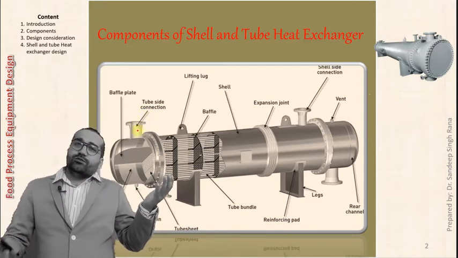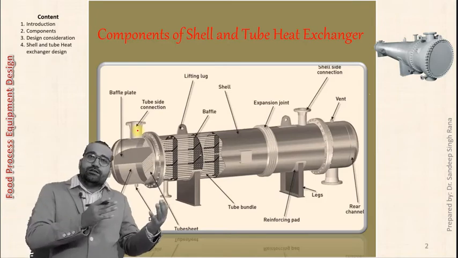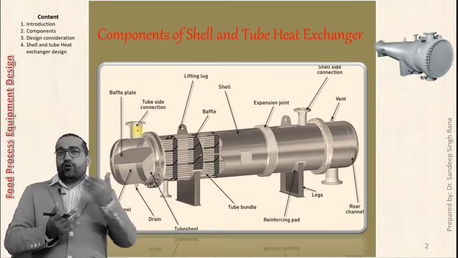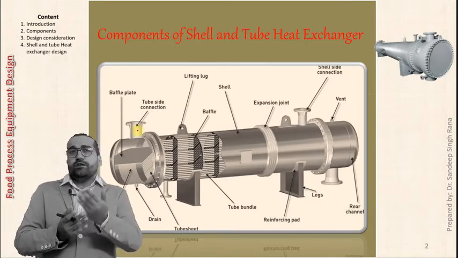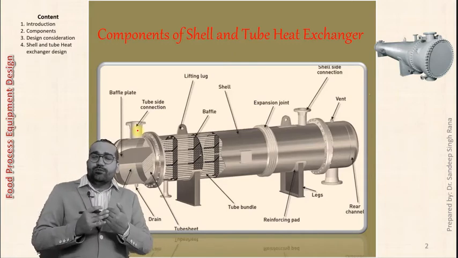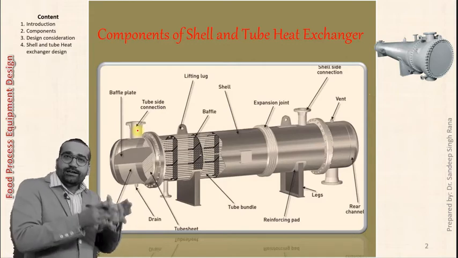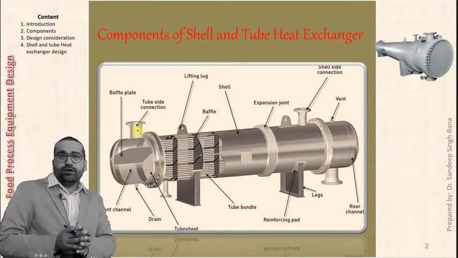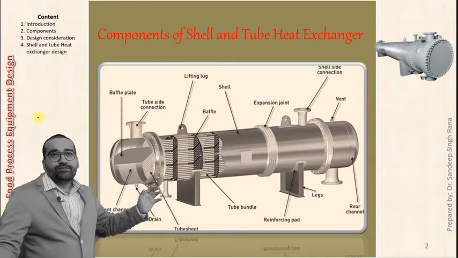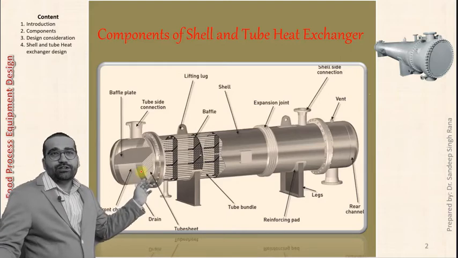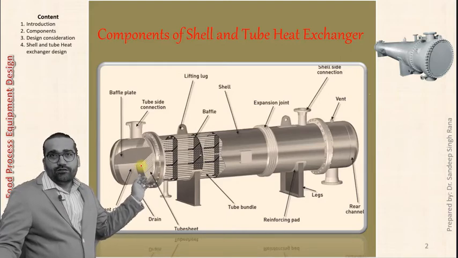This is tube side. So depending upon the fluids flowing inside shell or tube, we divide shell and tube heat exchanger into two components. First one, tube side and shell side. So from here we can see in the presentation, from here we will divide.